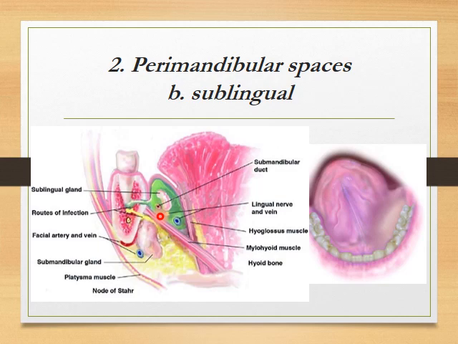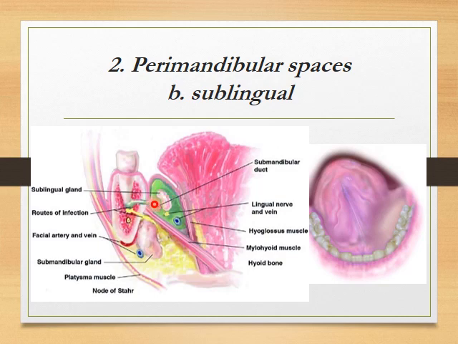The etiology, as we said in the previous lecture: the factor that determines whether the infection goes to the sublingual or submandibular space is the attachment of the mylohyoid muscle. This is the green line. If the infection erodes above the attachment of the mylohyoid muscle, it will lead to a sublingual space infection.